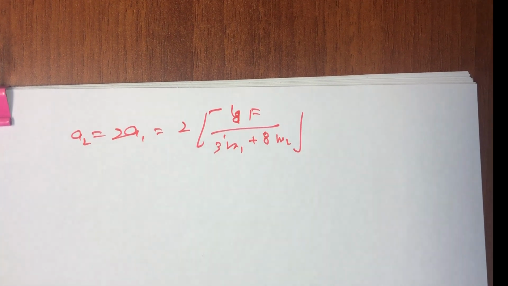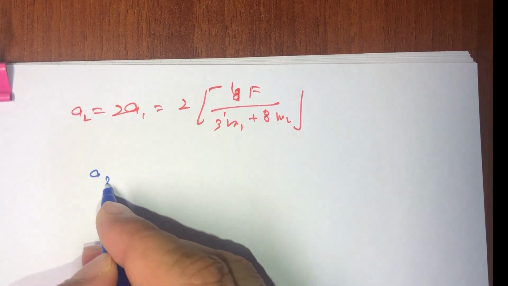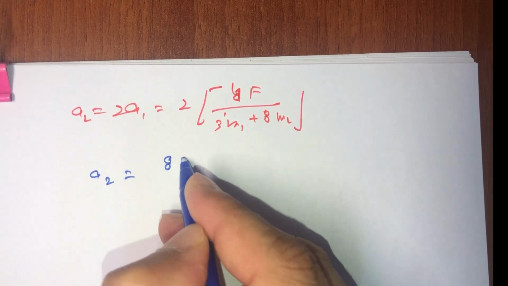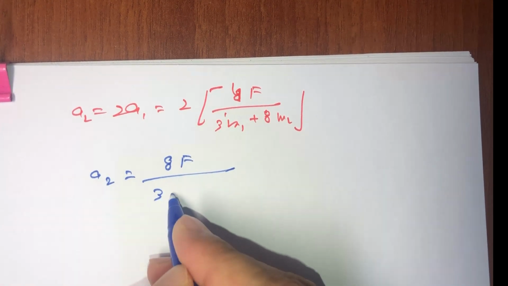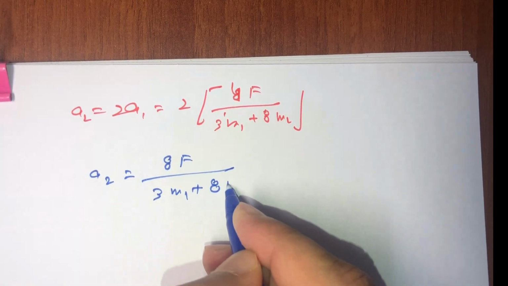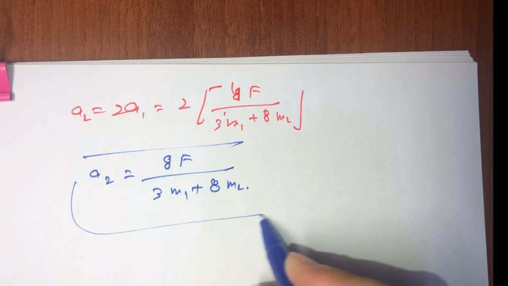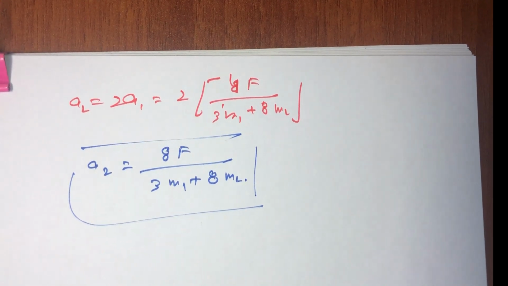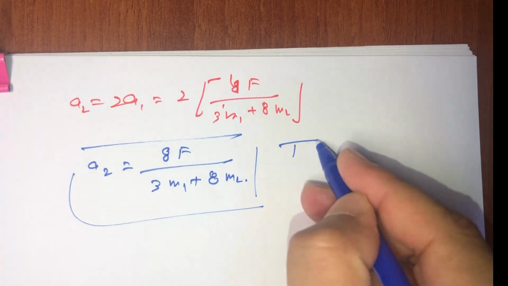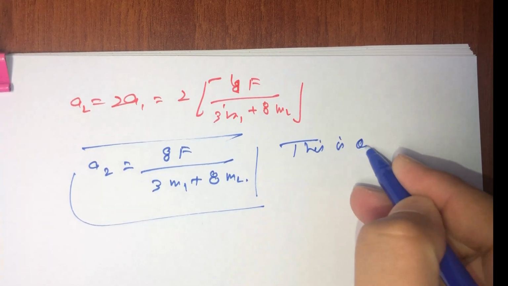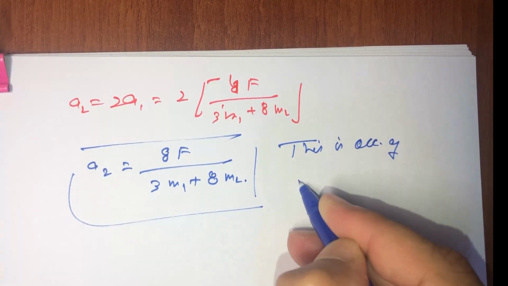Therefore we get a2 is equal to 8F divided by 3m1 plus 8m2. So this is the acceleration of the plank, a2.